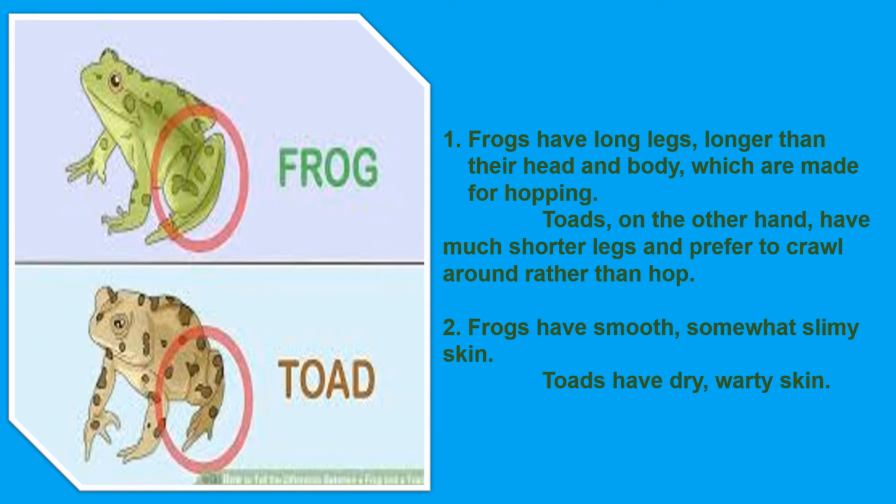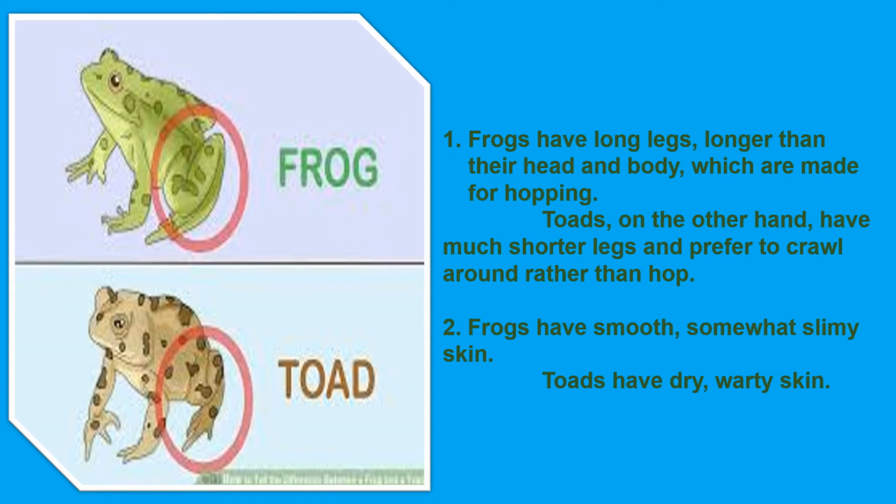Frogs have long legs, longer than their head and body. Please see the diagram on the left hand side. The long back leg of frogs has been shown over here. These legs are made for hopping. So frogs used to hop.